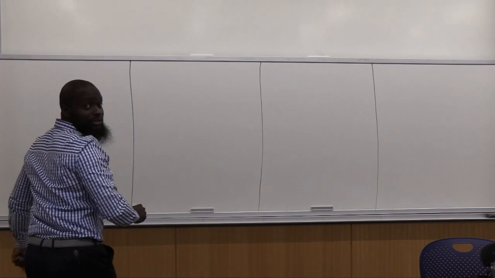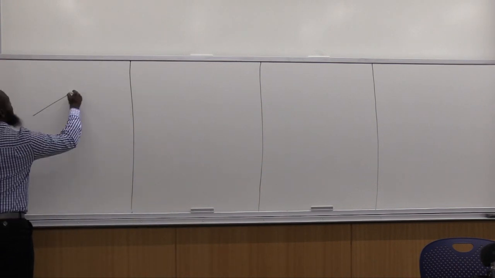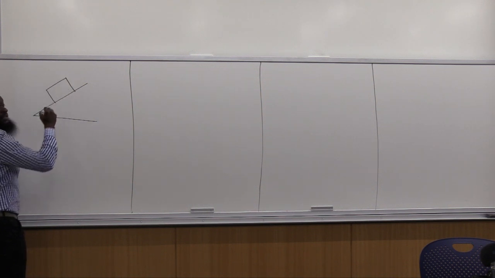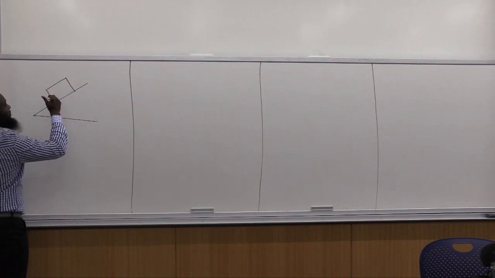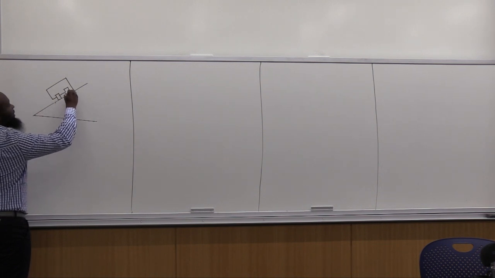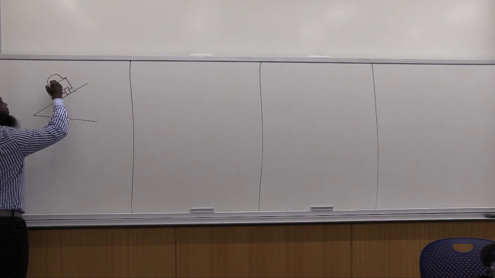So the first thing I'm going to do is, this is the problem. Am I asked for the maximum speed or the minimum speed? Maximum speed. So let's say this is a car that's going up here.